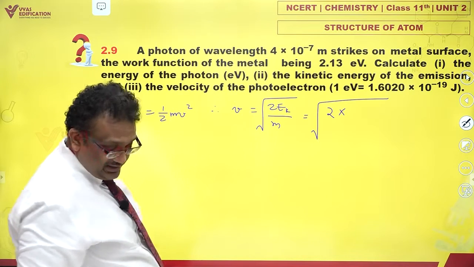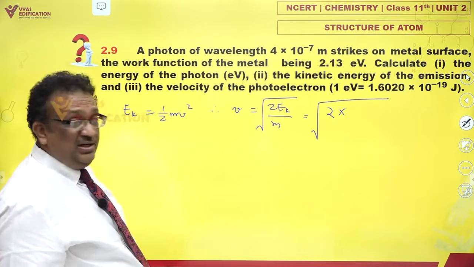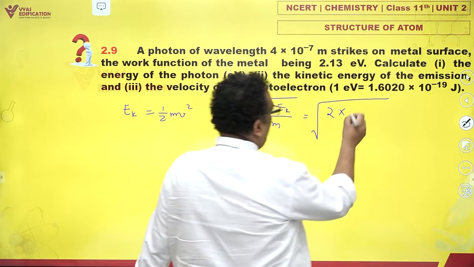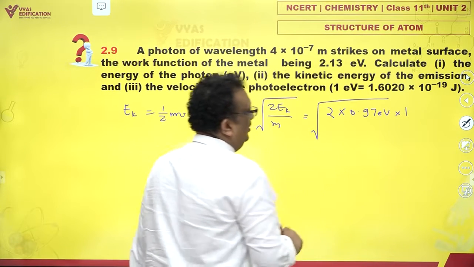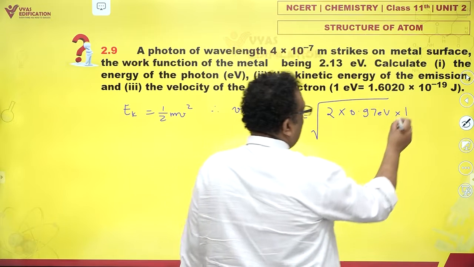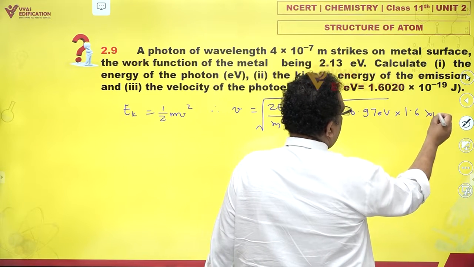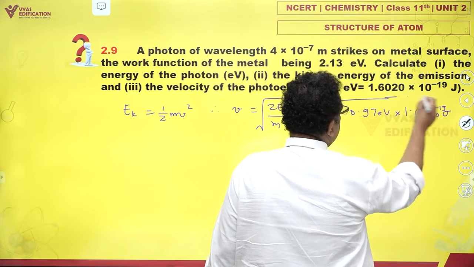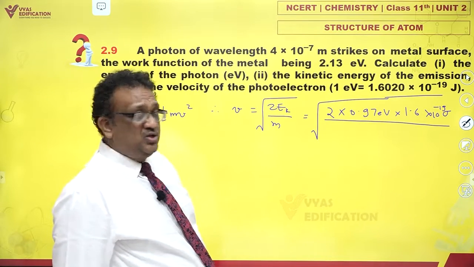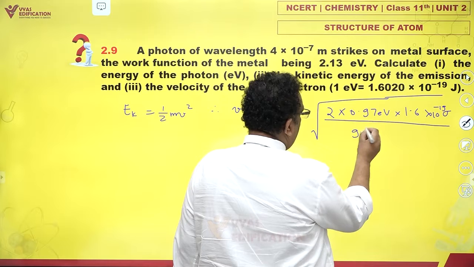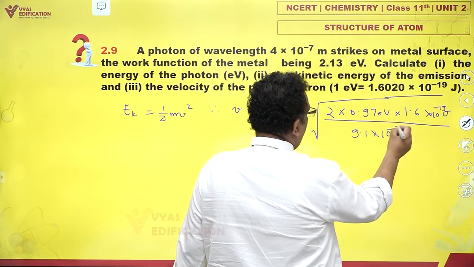Now we know that we had 0.97 electron volt, and 1 electron volt is 1.6 into 10 raised to minus 19 joules, divided by mass. The mass of an electron is 9.1 into 10 raised to minus 31 kg.